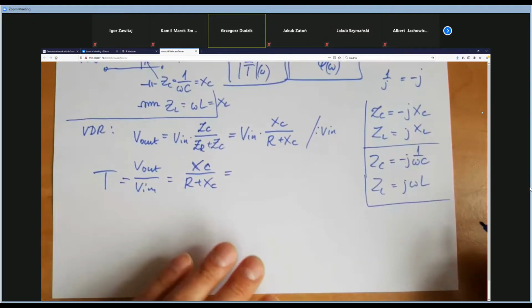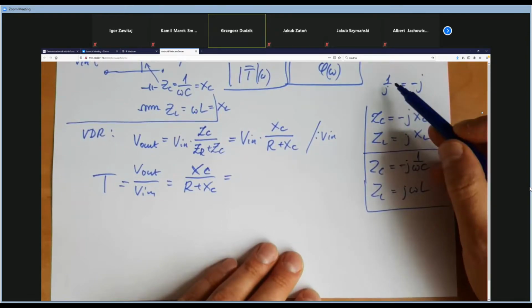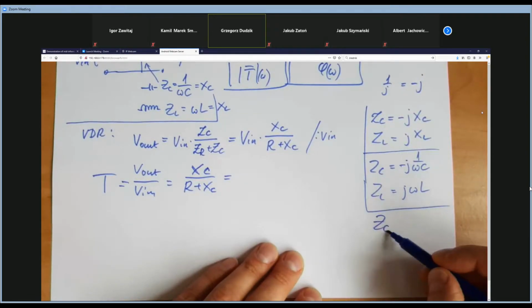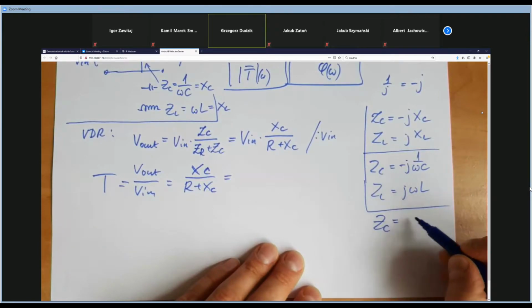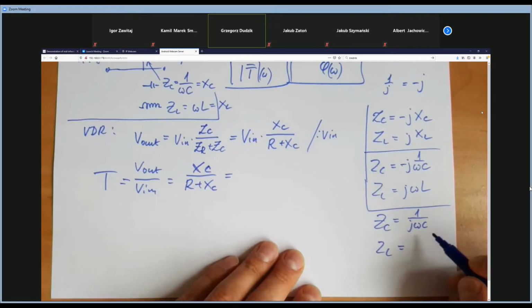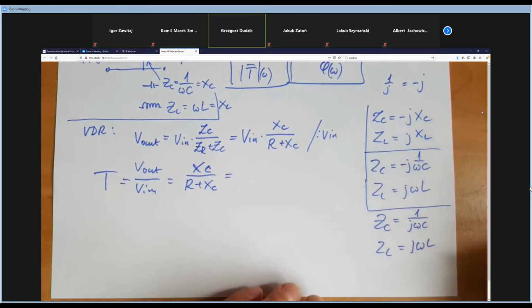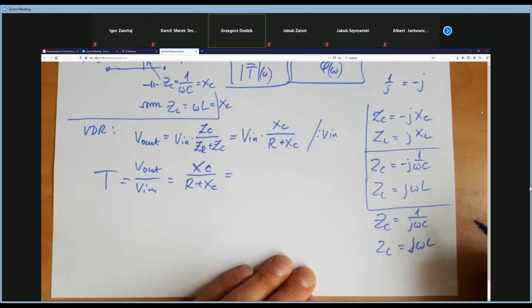Okay, if you substitute minus j by 1 over j, we'll see that ZC is 1 over j omega C, and ZL is just j omega L. We don't have to change anything here.